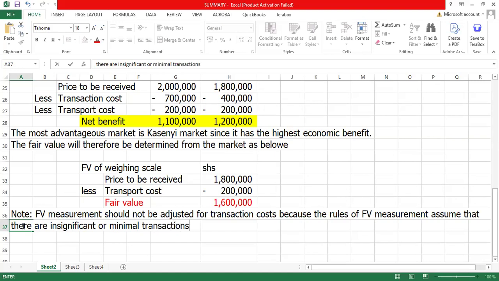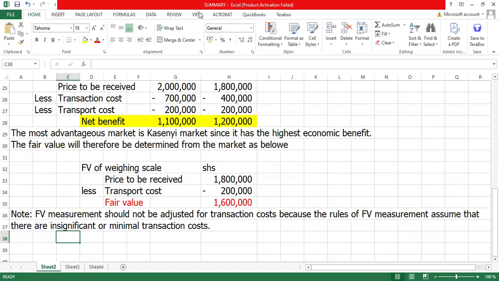Why do they assume that there are minimal transaction costs? Because already you know the market, so you don't need to again incur those transaction costs. Sometimes you can incur, but at a minimal cost. So in an exam, as you determine your fair value, don't subtract the transaction cost.